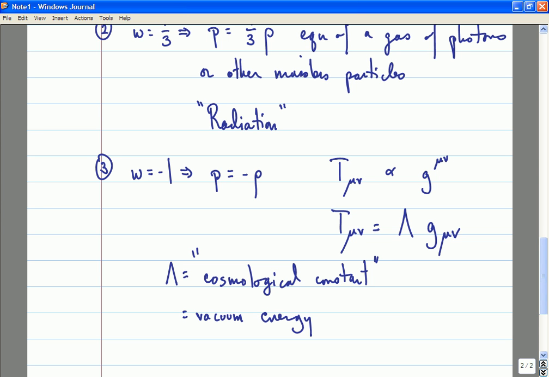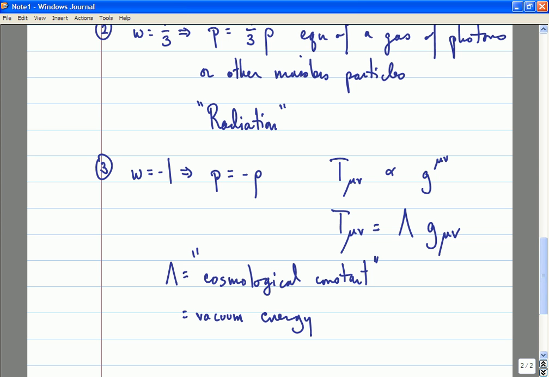Einstein postulated it in the very early days of general relativity. He then quickly discarded it and decided that he was wrong, but it turned out that he was probably right. There are a lot of very interesting observations in cosmology and astrophysics which indicate that there is probably a cosmological constant or something like it.